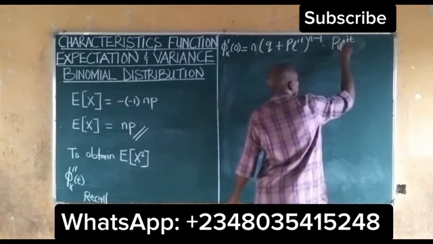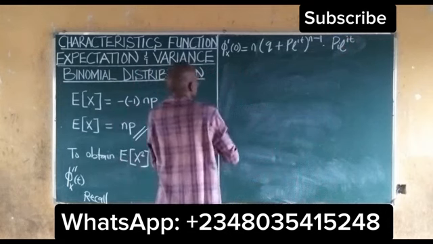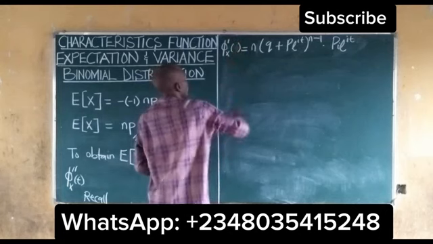That means i multiplied by e^(it). So this is what we got when we had our first derivative.